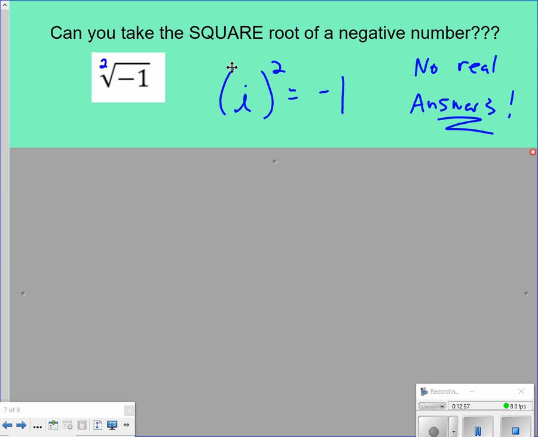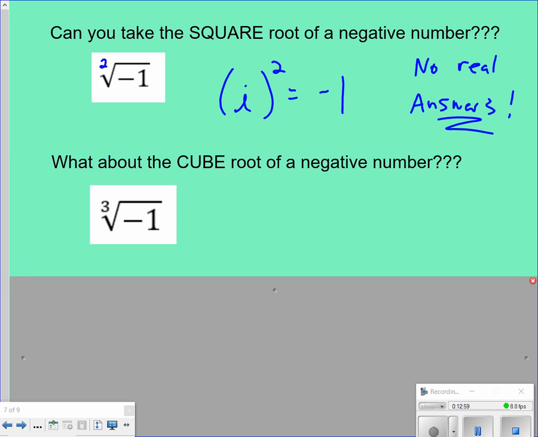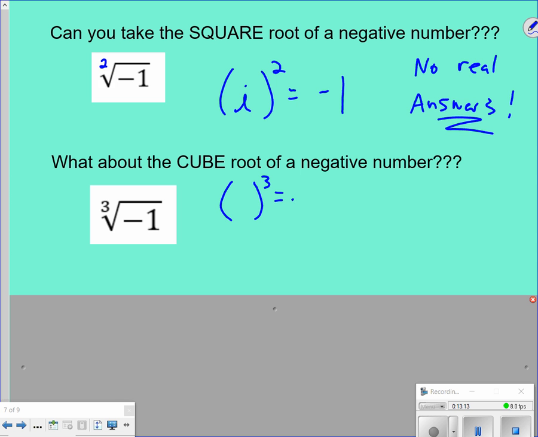But the other example we look at here, what about the cube root of negative 1? Can you do that? And what you should be looking at there is what cubed makes negative 1. But an easier way to see that, something cubed is just it times itself 3 times, right? Makes negative 1.